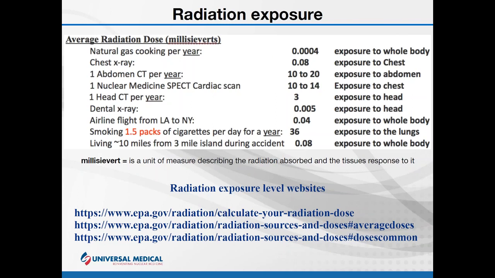How often do you fly? What do you eat? Many, many different questions. And they will calculate what your annual dose is just from being alive. You can get a really good indication of your exposure based on your habits. If you're concerned about your exposure, you can adjust your habits and make an effect on your exposure.